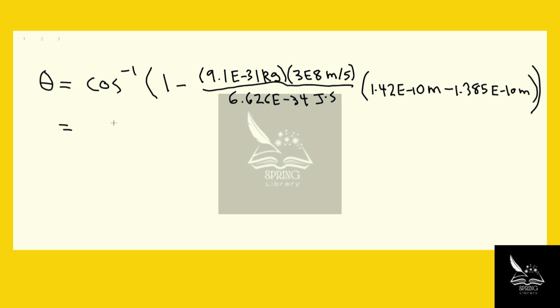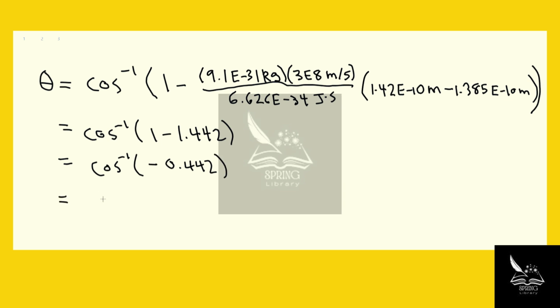Plugging all of this into our calculator, we end up with this much simplified expression in the argument for inverse cosine: negative 0.442.